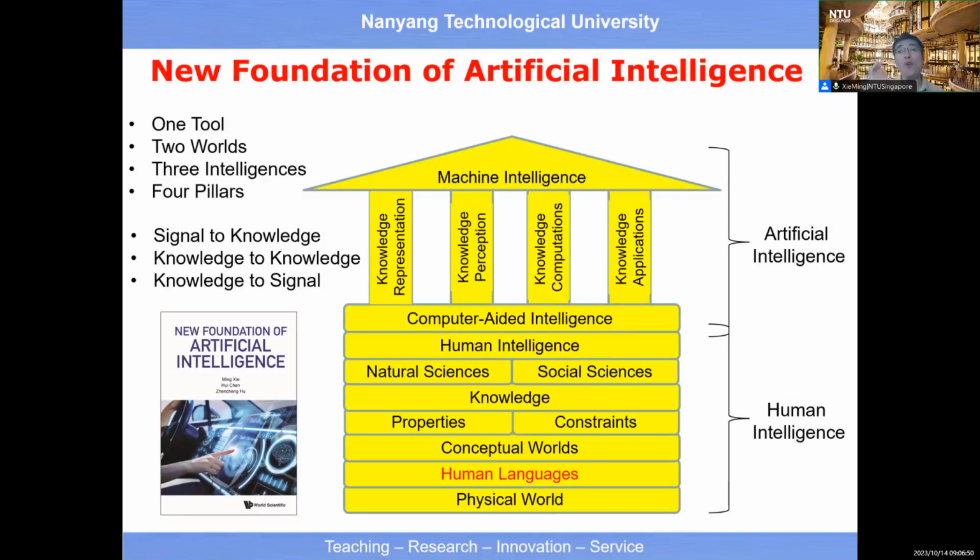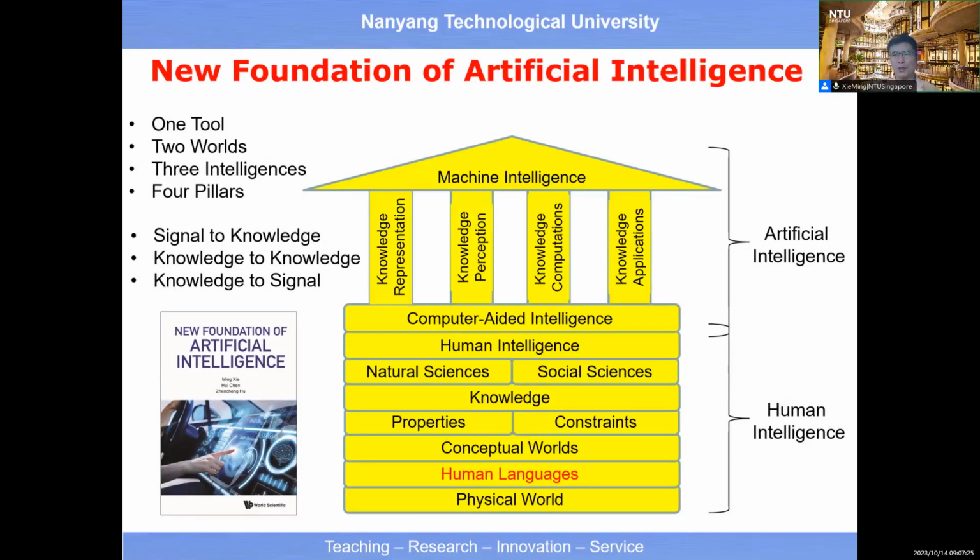There are 4 pillars which will enable us to make a transition from achieving computer-aided intelligence to machine intelligence, right? So here you see these 4 pillars, right? Pillar number 1 is about knowledge representation. Pillar number 2 is about knowledge perception. Pillar number 3 is about knowledge computation. And the last pillar is about knowledge application.